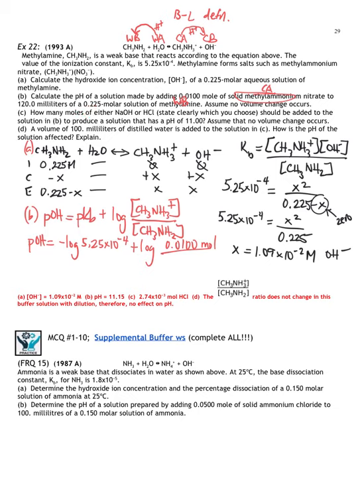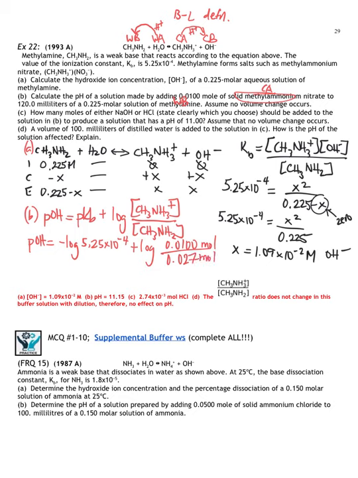And when I multiply those two values, I pull my calculator out, and I multiply 0.120, which is in liters, times 0.225. I get 0.027 moles.